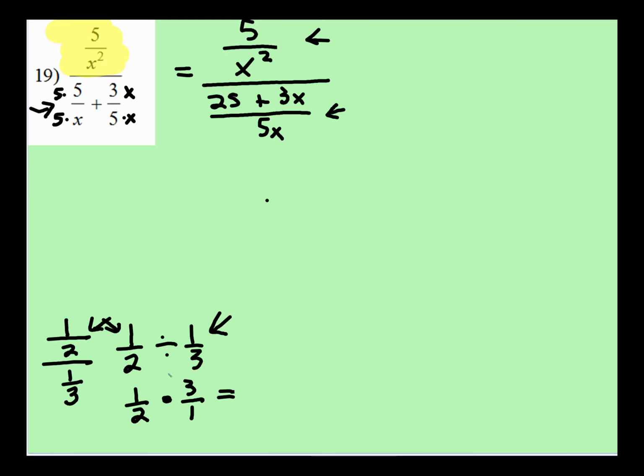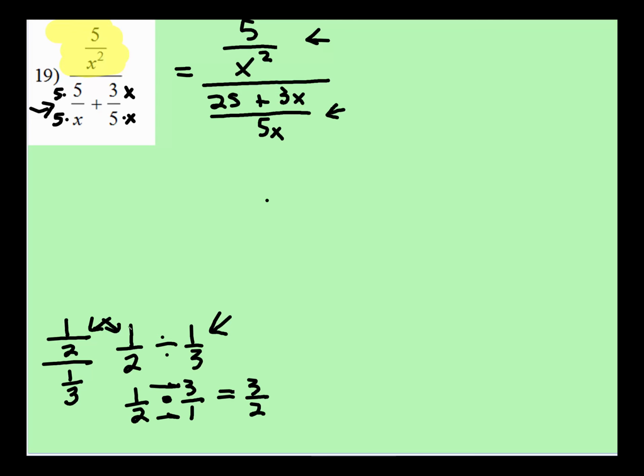So you change it from division to multiplication, at the same time flip the second, never the first, the second fraction, and then multiply straight across. So 1 times 3 is 3, 2 times 1 is 2. So 1/2 divided by 1/3 is 3/2. So keep that in mind.